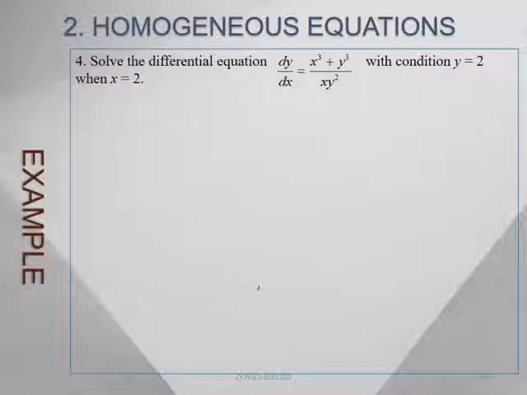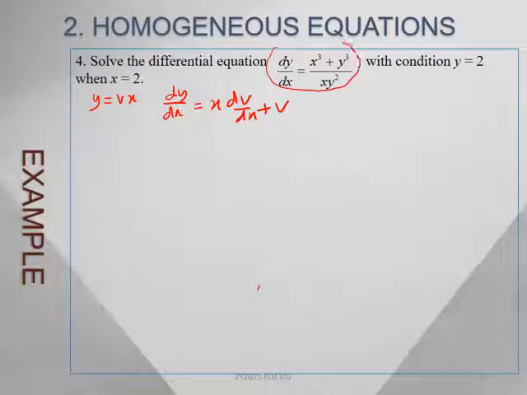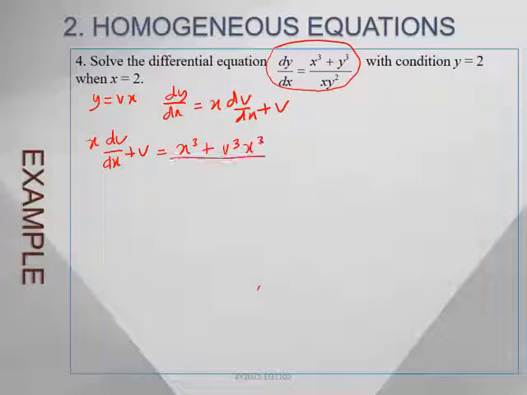So we will substitute y equals vx, dy over dx equals x dv over dx plus v. Okay, so we substitute dy dx in here. So x dv over dx plus v is equal to x, which doesn't change, times v cubed x cubed plus x cubed, divided by x times v squared x squared.